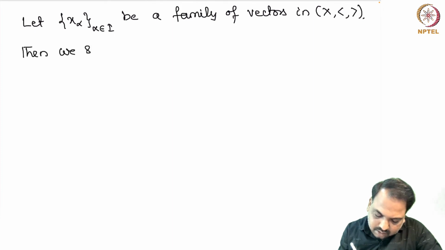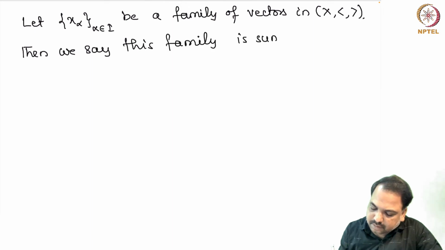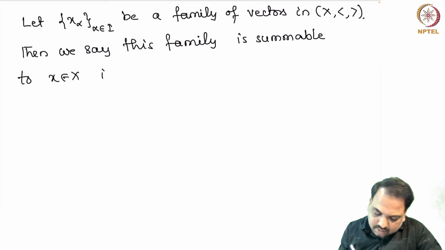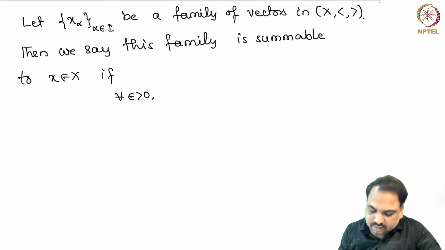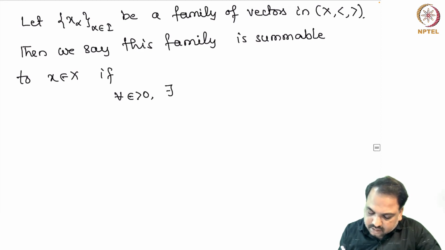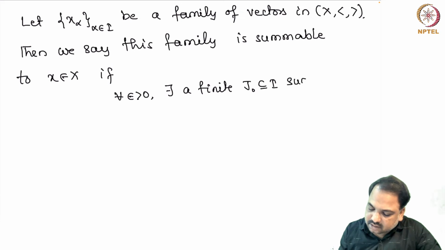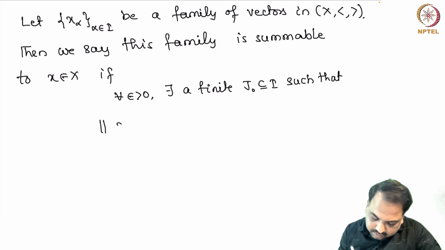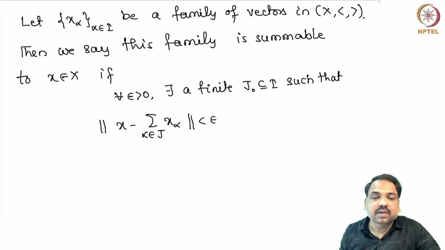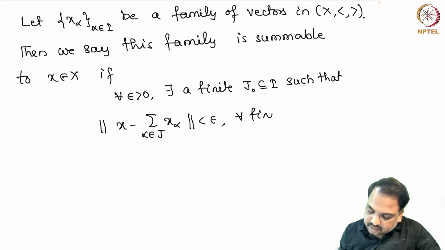Then we say that this family is summable to x in X if for any epsilon positive there exists a finite set J naught of I such that the norm of x minus summation over alpha in J of x alpha is less than epsilon for every finite subset J of I containing J naught.